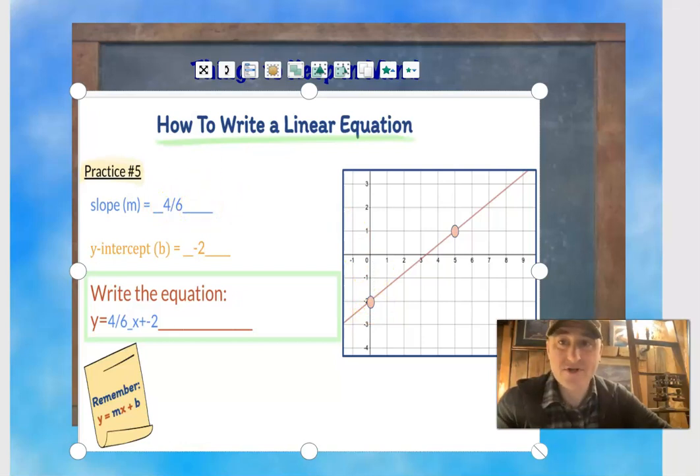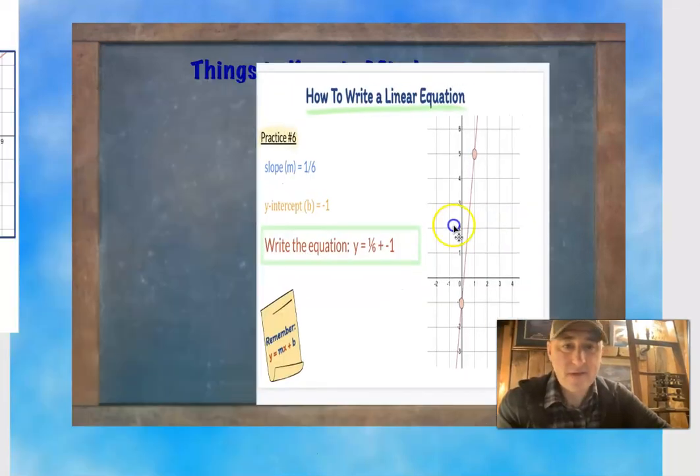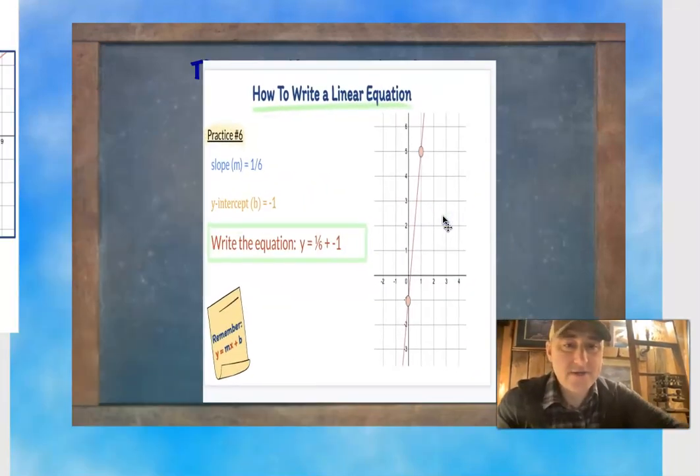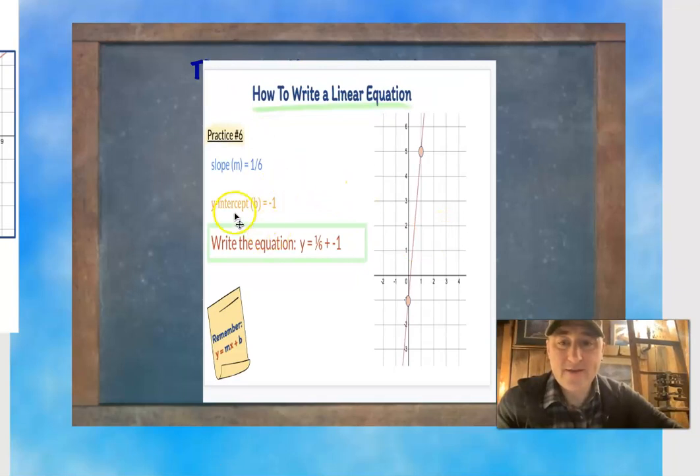The next thing I want you to keep in mind is how to write the equation. When writing the equation, remember that the equation is, it says it down here, let me zoom in, y equals mx plus b. Remember, b is our beginning, that begins on this line. It's the number that's not attached to anything.